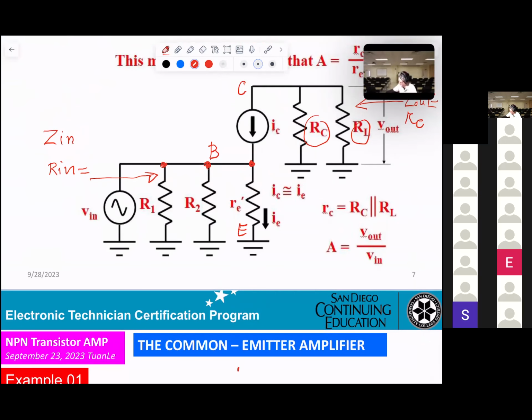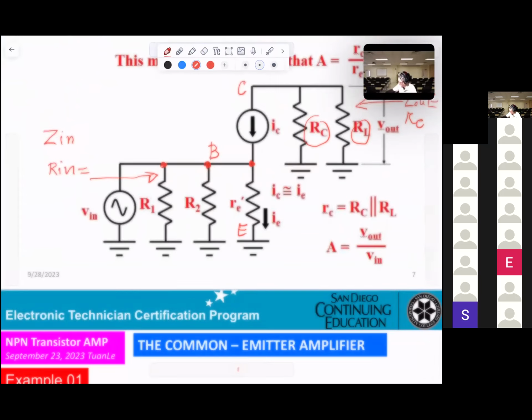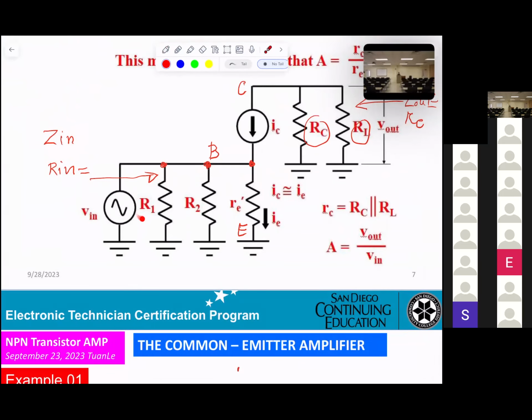They get R1 parallel R2. And also, now they want to calculate another R, from the base to ground. R prime e is in parallel as well.